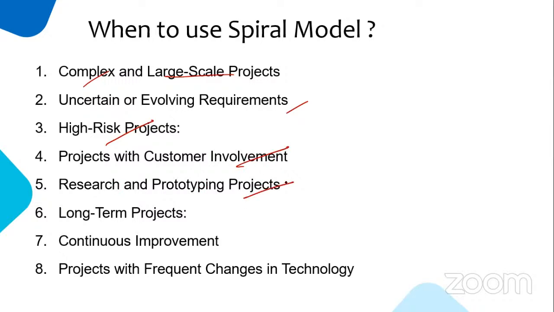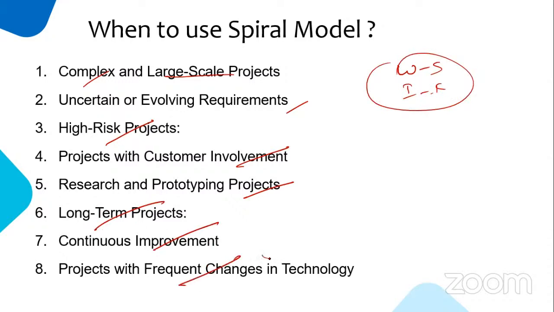Whatever the advantages of waterfall and iterative, they come for spiral, obviously. Waterfall is for small-scale projects, iterative is for complex projects. So now it can be done for long-term projects with continuous improvement. When technologies change frequently, I will choose the spiral model. That's why product-based companies follow this. Now, again, everything is replaced by agile.